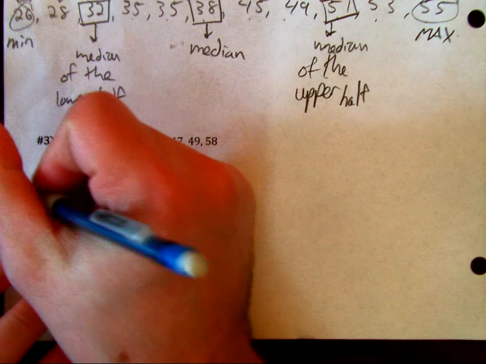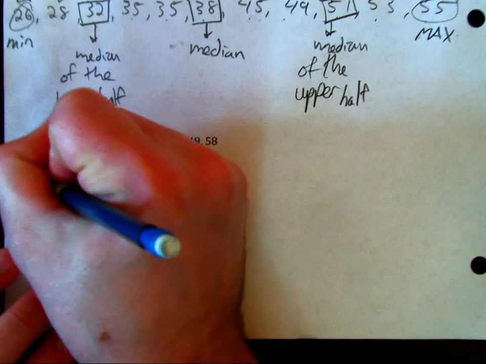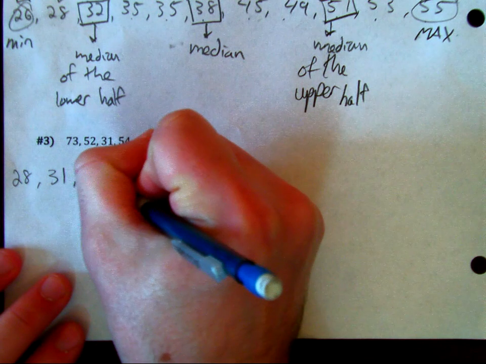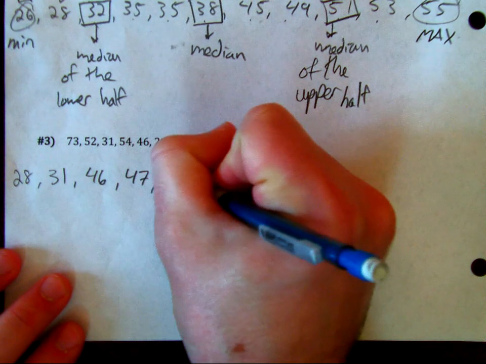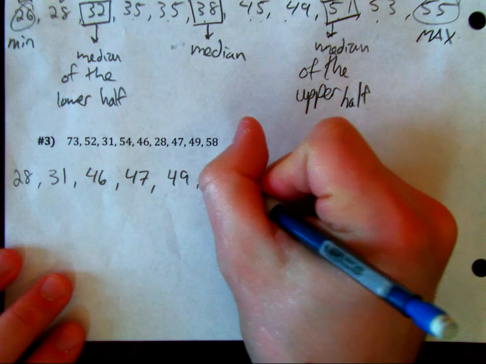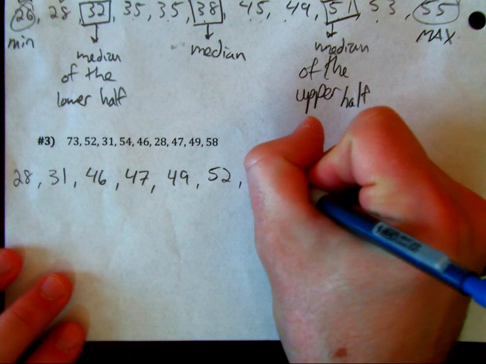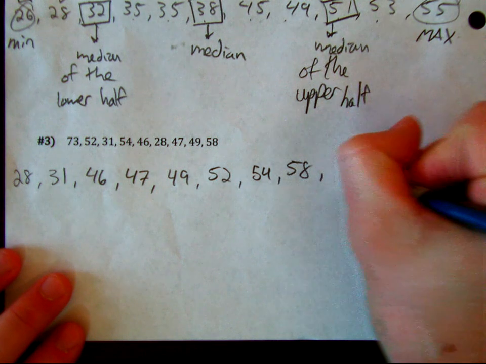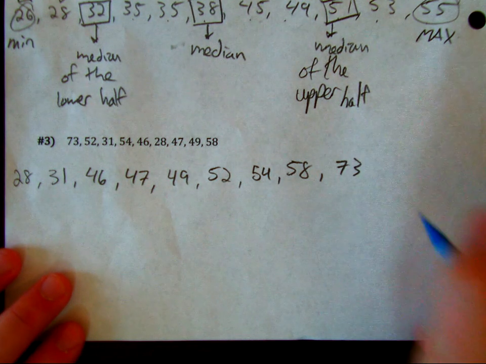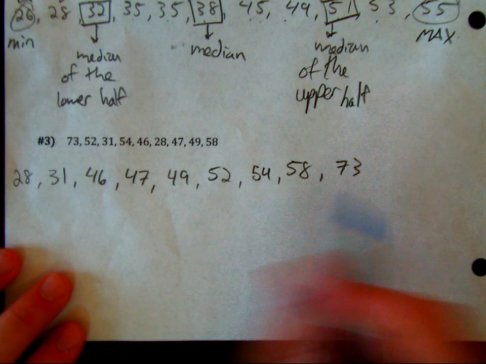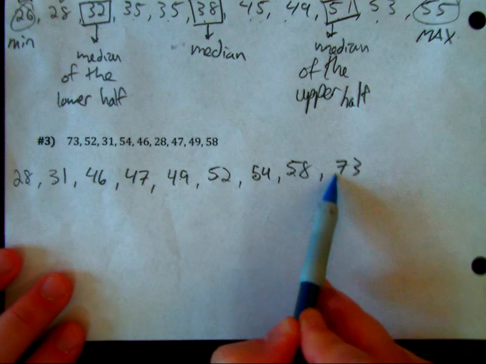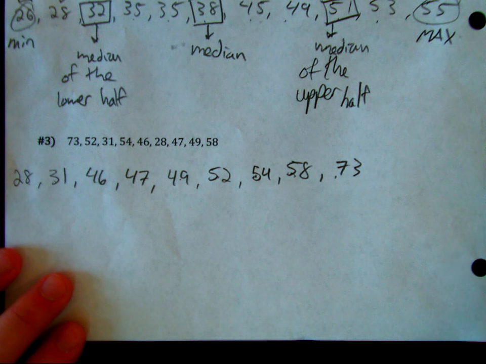So let's say, all right, 28, we have 31, 46, 47, 49. Again, we're putting these in order from least to greatest first. Hopefully you have taken the time to double check my values. How many do we have? 1, 2, 3, 4, 5, 6, 7, 8, 9. So again, 9 values. That's going to be very similar to the first one on this page.